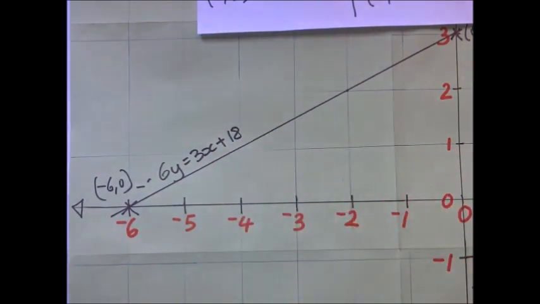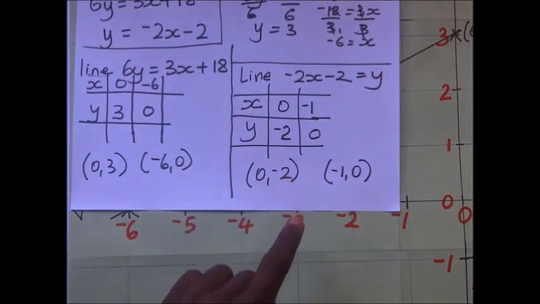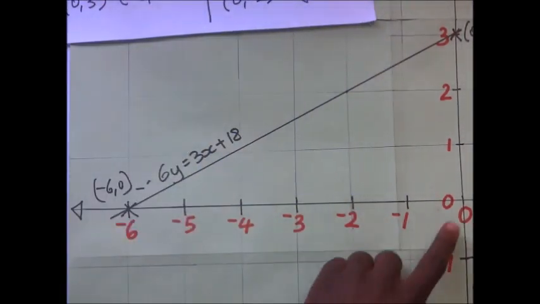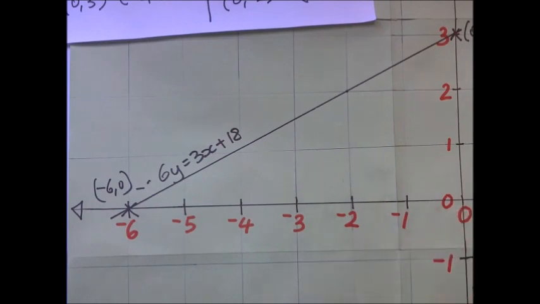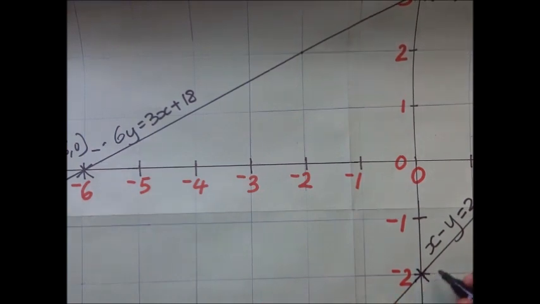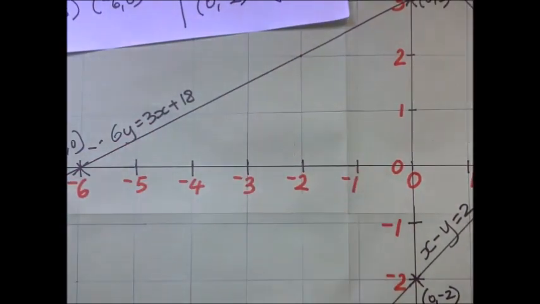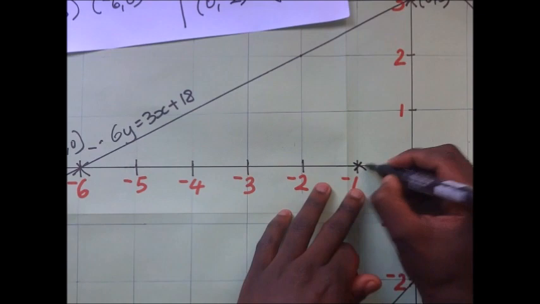So let's go ahead and draw the other line, which has (0, negative 2). We'll begin with (0, negative 2), which is down here. (0, negative 2) is right there. Then we have (negative 1, 0). (Negative 1, 0) is right there.